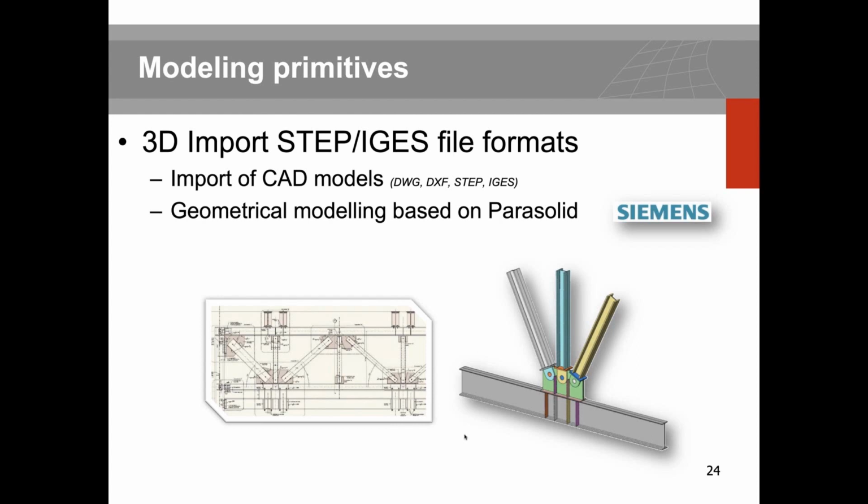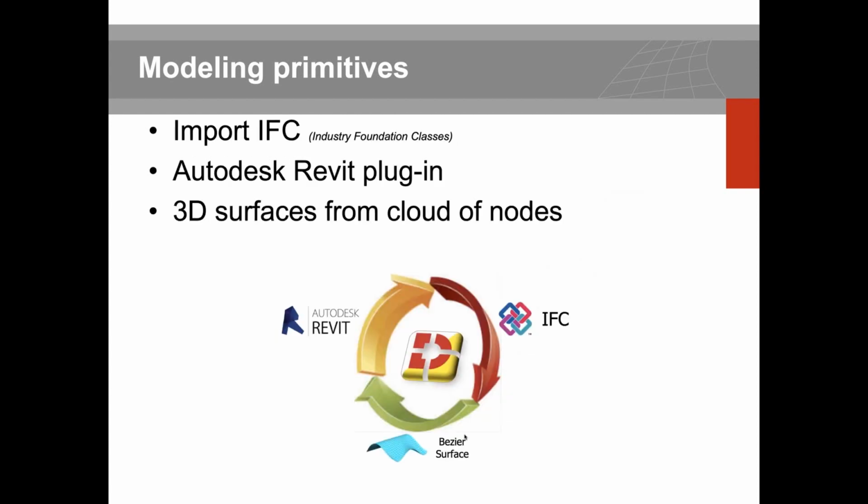Among the formats that Diana IE can handle are DWG, DXF, STEP, and IGS. You can also import IFC file format if you are using Revit. Furthermore, if you are dealing with terrain geometry, for instance, you can import a cloud of nodes and generate a Bezier surface from this cloud of nodes.